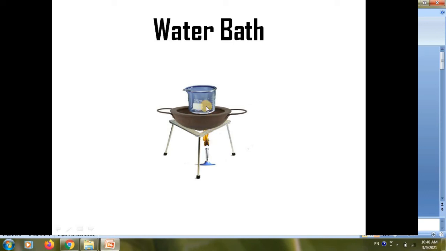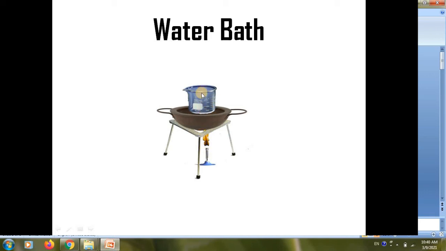So how will we heat this glass beaker? We will take it in a water bath. This is the metal container, this is your water bath. In this water bath there will be water, and that metal container will be heated with the help of a burner. It will stand on the tripod stand, that water bath will stand on the tripod stand, and below that there is a burner. So this assembly should be there.